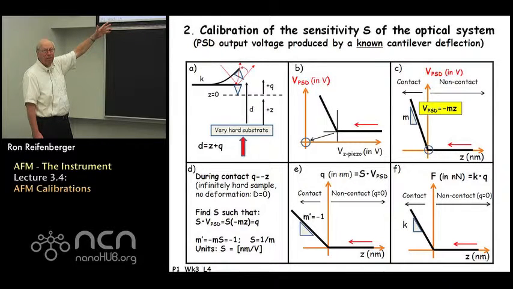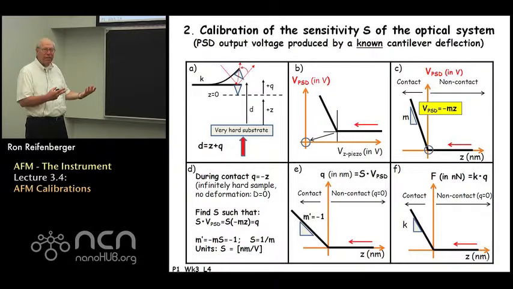That's usually done by relying on the z calibration of the z-piezo. And so you can go from panel B to panel C in a very straightforward way. The trouble is the y-axis in panel C here is again not calibrated. It's just the voltage coming out of the position sensitive photodiode.